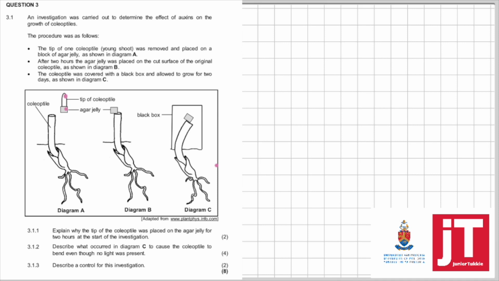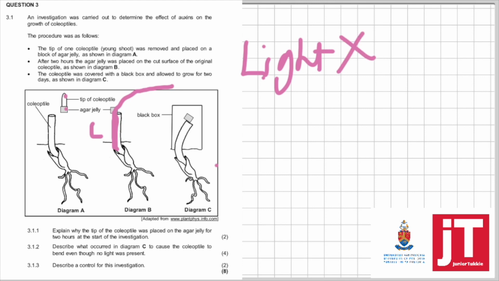So on the left side there was more auxin, and that will cause more cell elongation, more growing and bending towards the right. Here you don't talk about light at all. Here you're talking about right or left. I really like this question. It's a very lovely question.